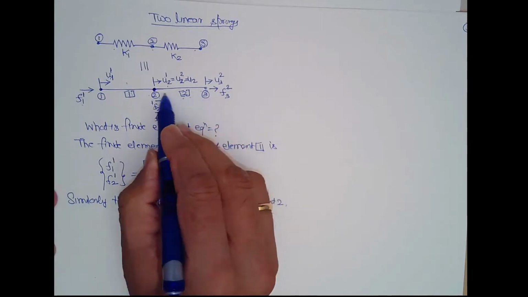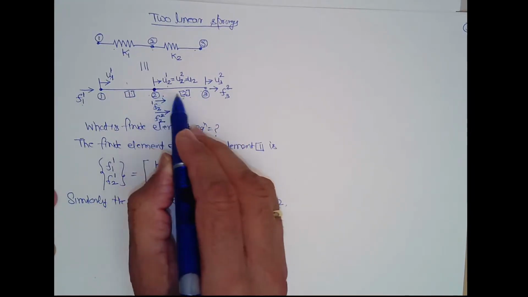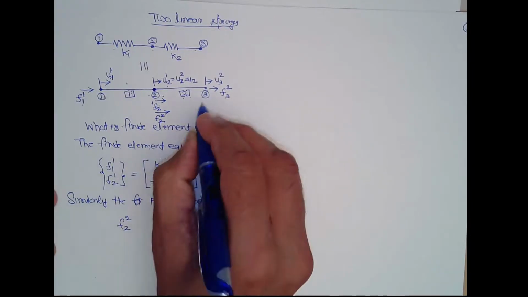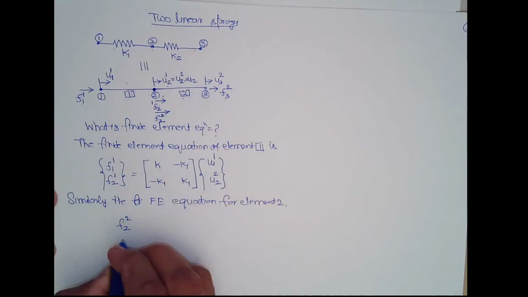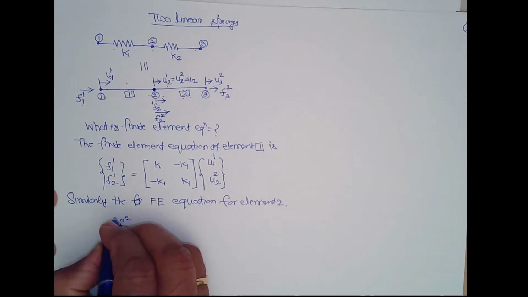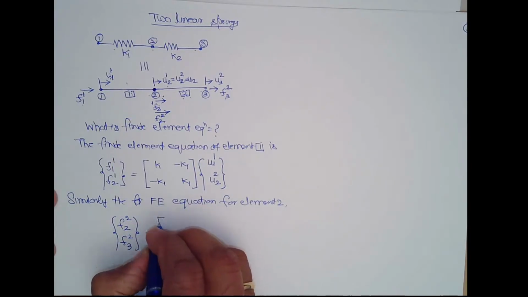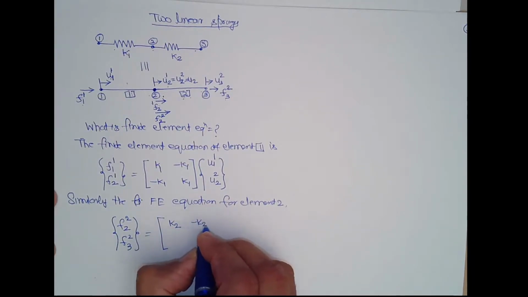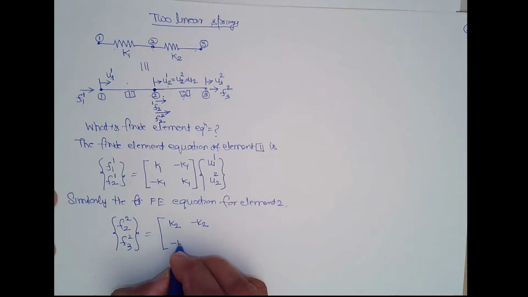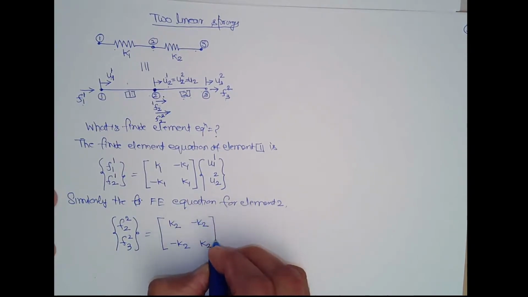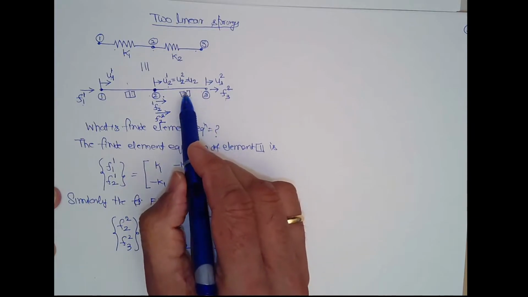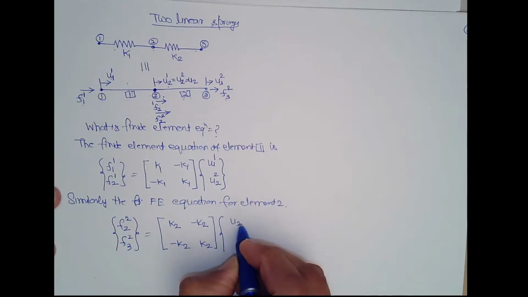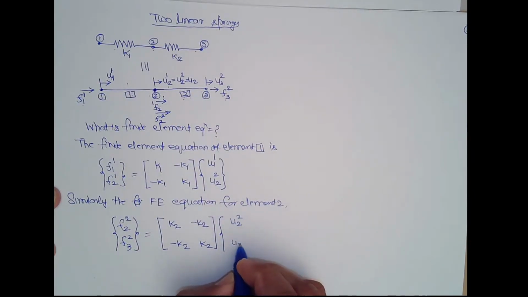Here the nodal forces are F2 for element 2 and F3 for element 2, connected with nodes 2 and 3. The stiffness is K2, so K2, minus K2, minus K2 and K2, and the displacements of the corresponding nodes are U2 and U3. So U2 is connected to node 2 and U3 is connected to node 3.